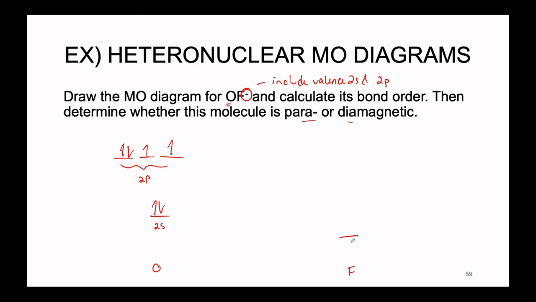So I'm going to draw fluorine's 2s orbital down here, and fluorine's 2p orbitals, 1, 2, 3, right here, 2p. Exactly where the placement is, like exactly how much lower you have to draw the 2s and the 2p, at the general chemistry level, you don't have to worry about it.